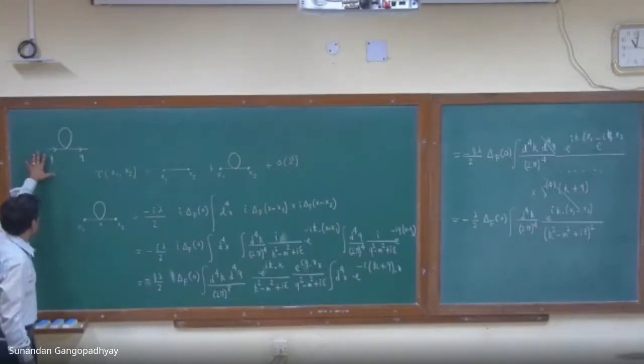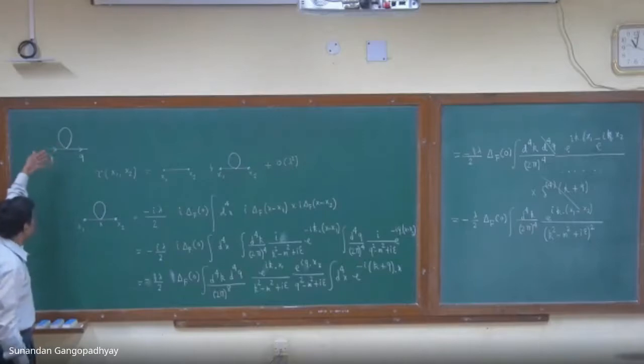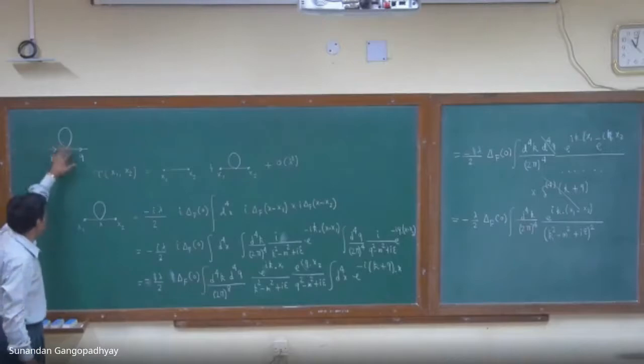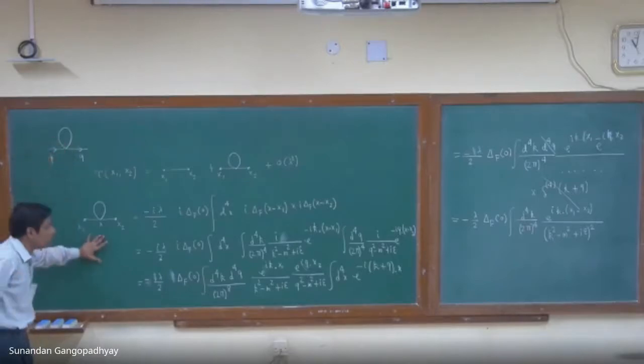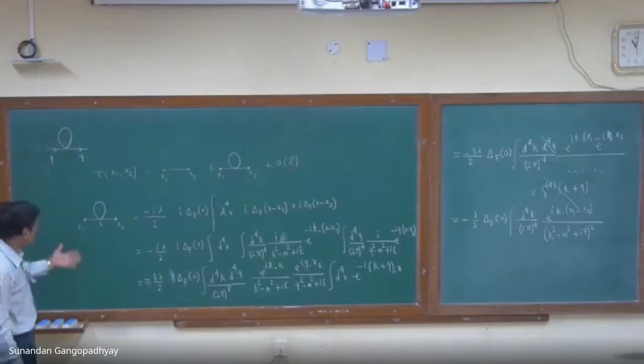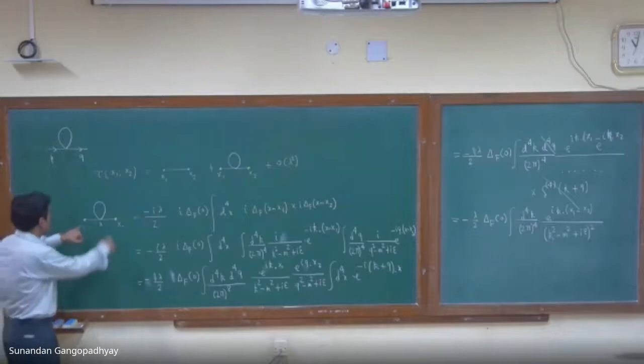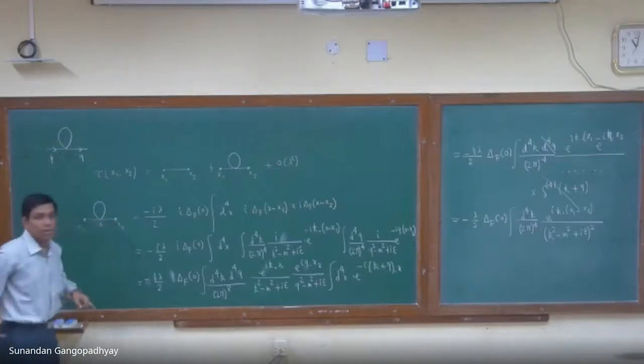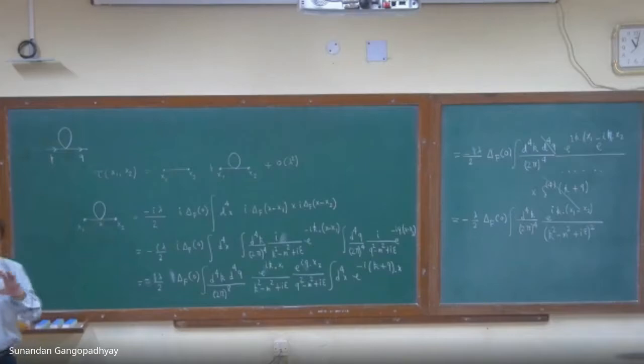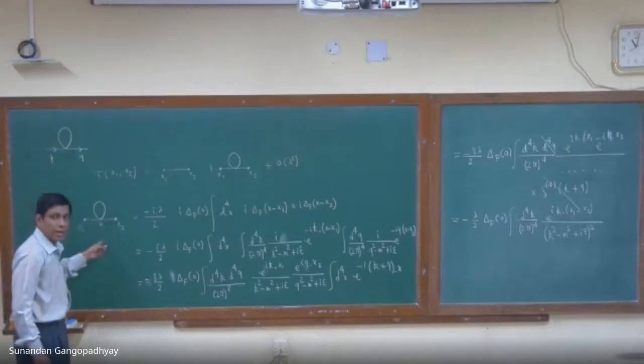For this diagram, we have actually derived the Feynman rules in momentum space, and you can straight away apply the Feynman rules in position space. But for this diagram, if you try to apply the Feynman rules in momentum space, there is a problem because here the two points are x1 and x2. So it is a little bit confusing if you try to apply the Feynman rules in momentum space directly for this diagram.